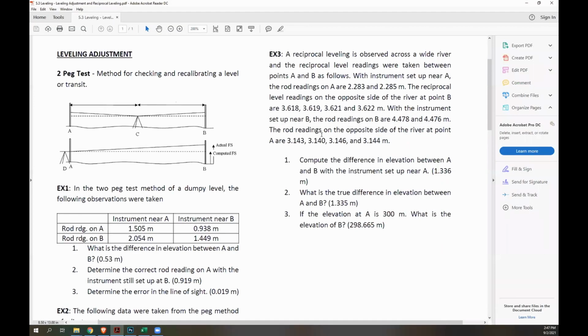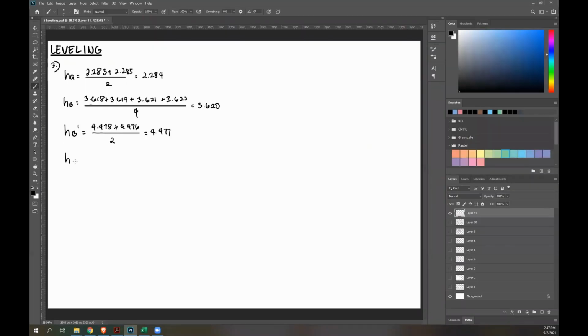And then finally, the rod readings on the opposite side of the river at point A are these. Okay, so once again, I'm just gonna get the average. So it's reading at A, so now it's HA prime.